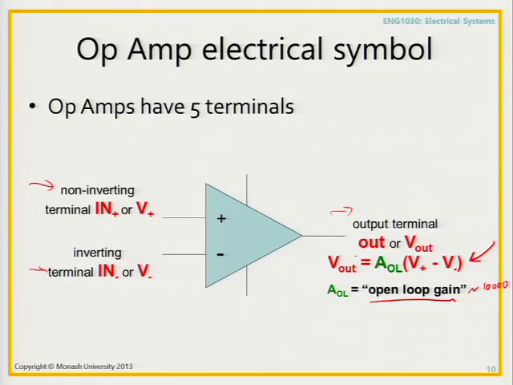Just as a quick thought process, if V plus is, say, 1 volt and V minus is, say, 0 volts, then the difference would be 1 volt, and we would get some multiplication by AOL, which could be about 10,000. So what would be the output on V out in that case? 10,000 volts.